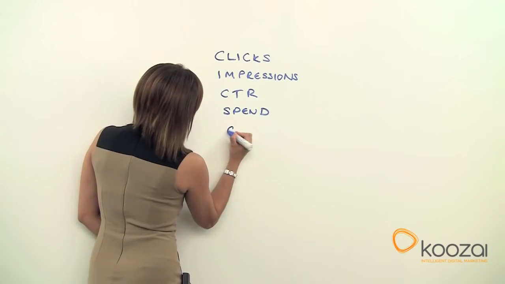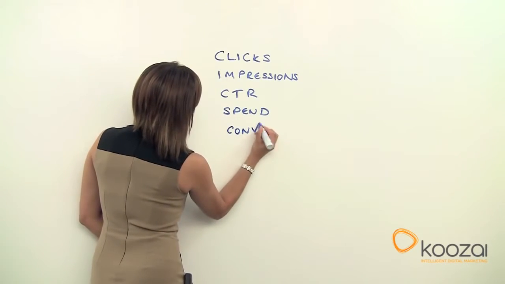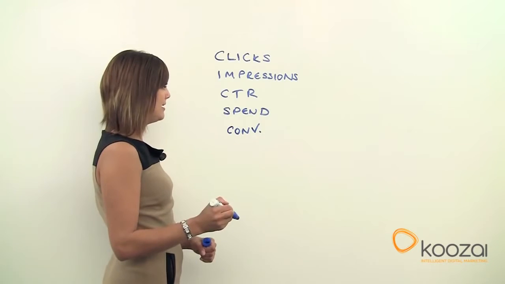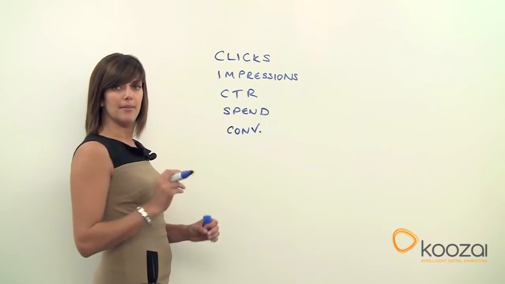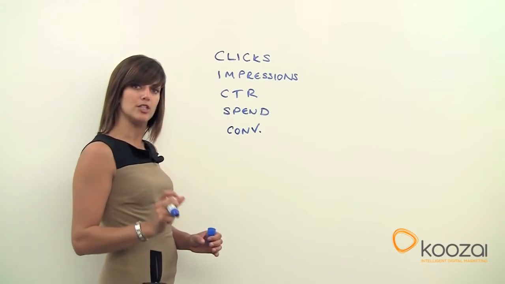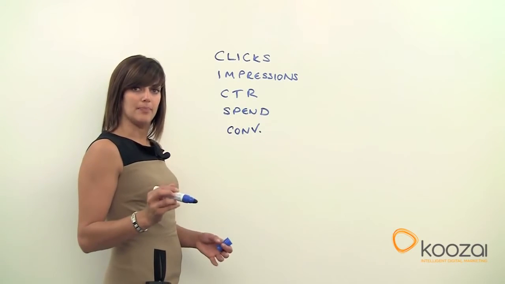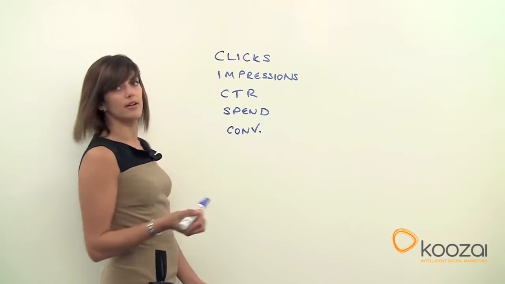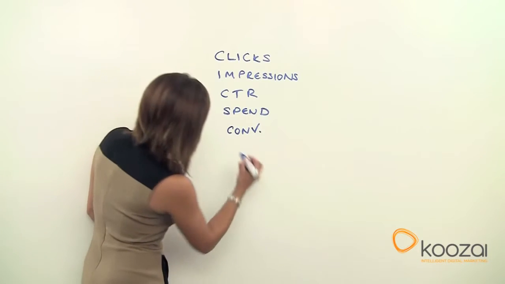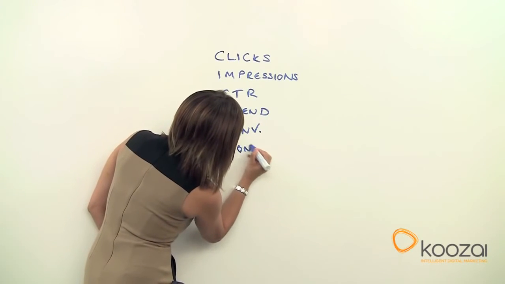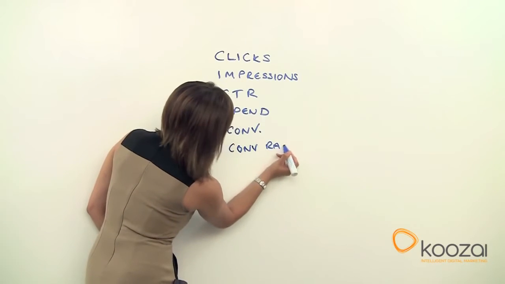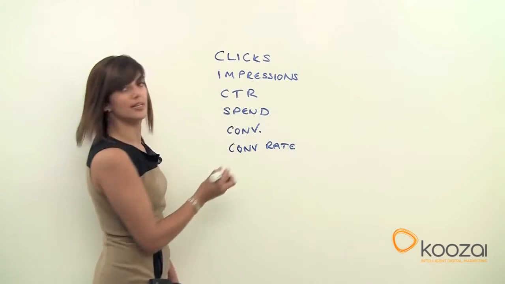Next up in tracking, we've got your conversions. All three platforms allow you to put a piece of code on your conversion page, so you can see which keywords are actually generating a conversion for you. So that's another really important measurable. Following that, you've got your conversion rate, which is essentially your conversions divided by the number of clicks.